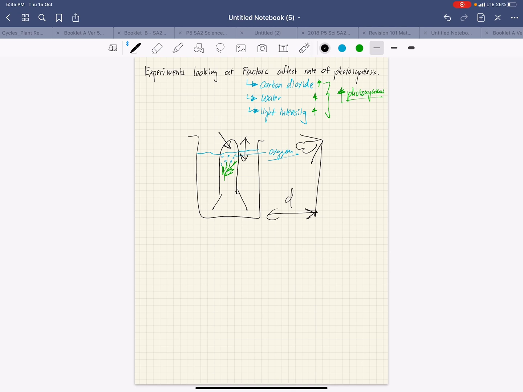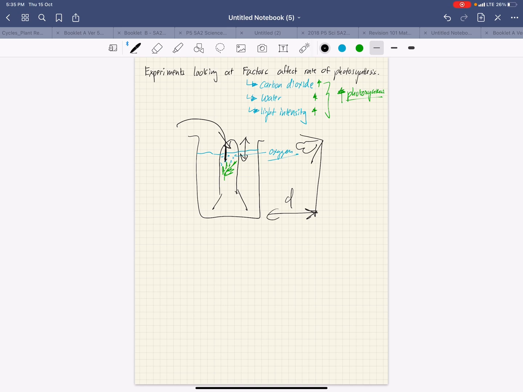They can put a data logger attached to a probe to measure pressure. The higher the pressure, the more gas is being produced. Or you could just physically count the number of bubbles produced per minute. That is one way of telling the rate of photosynthesis. So you could put a line there, and that will talk about light intensity.